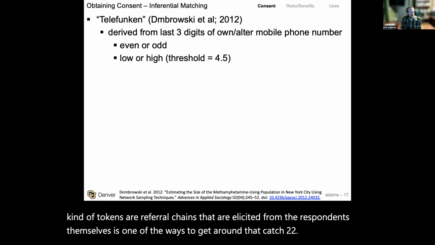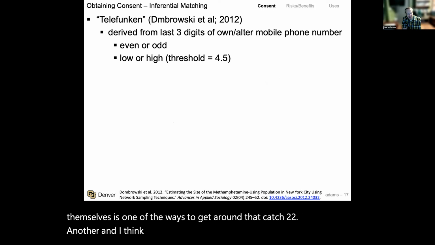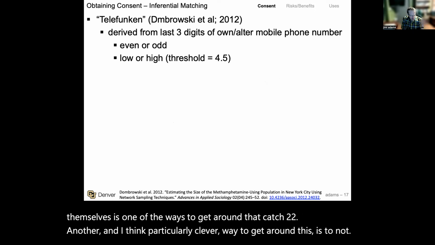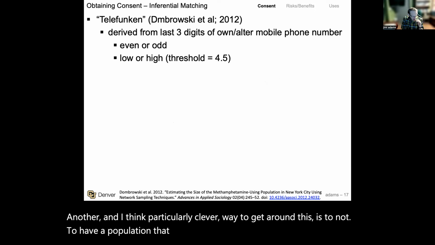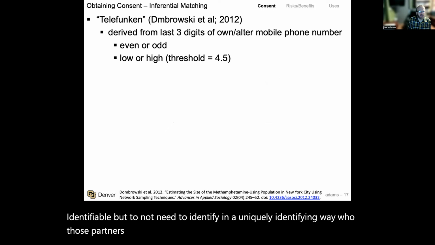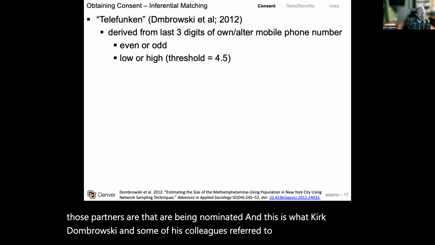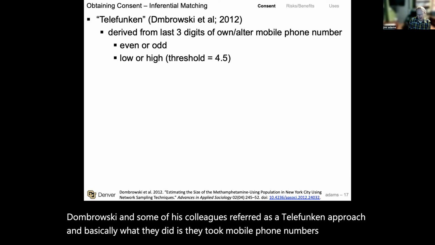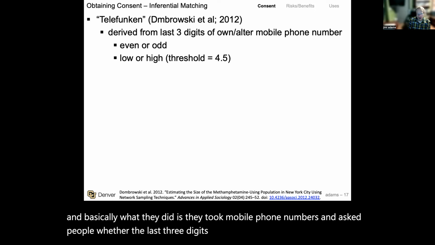Another, and I think particularly clever way to get around this is to have a population that is identifiable, but to not need to identify in a uniquely identifying way who those partners are that are being nominated. And this is what Kirk Dombrowski and some of his colleagues referred to as a Telefunken approach. Basically what they did is they took mobile phone numbers and asked people whether the last 3 digits of those were even or odd, or low or high, being above or below 4.5.